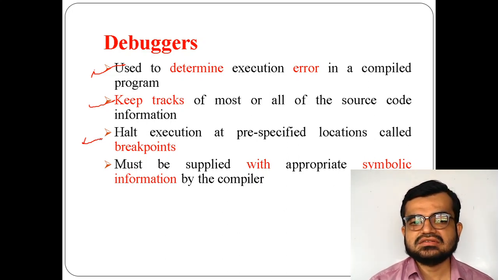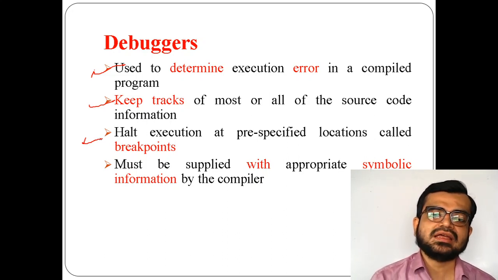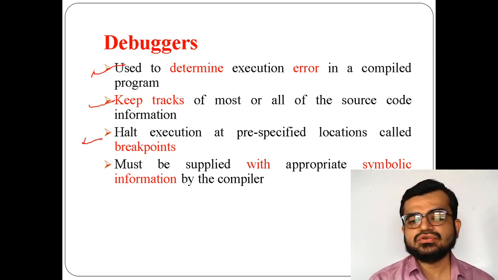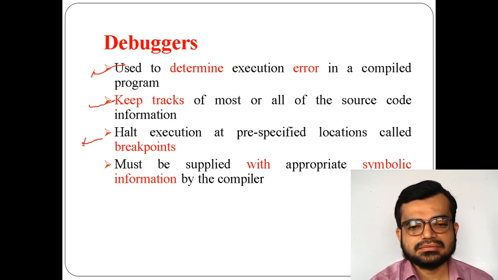Such locations are called breakpoints. Through these breakpoints, it is easy for us to track what kind of error we got at a particular point, so that we can rectify it. So the breakpoint is an added advantage for a user to know where exactly the problem arises. Also, it will be supplied with some information.